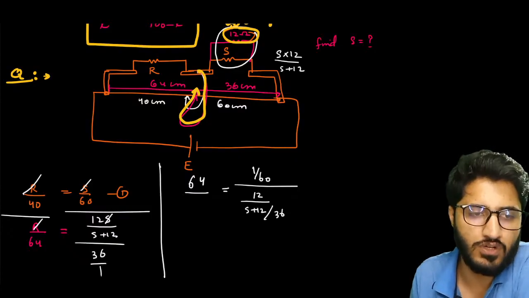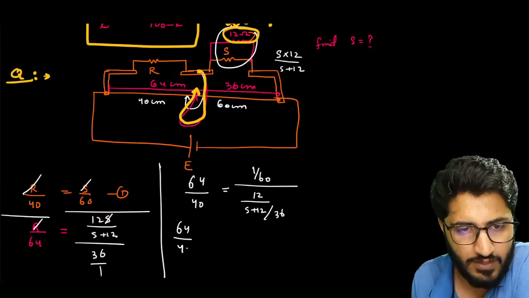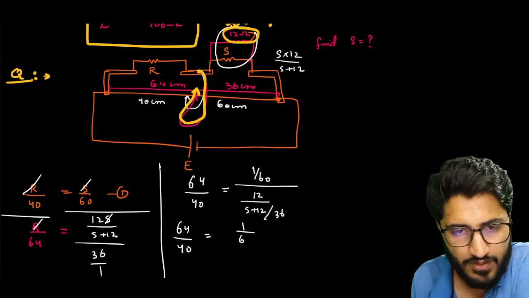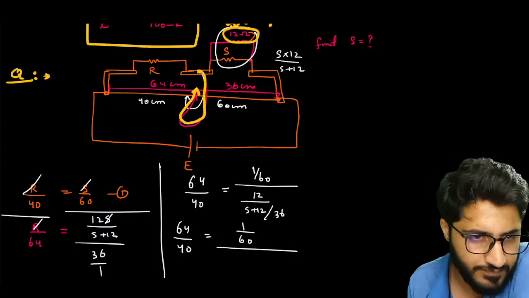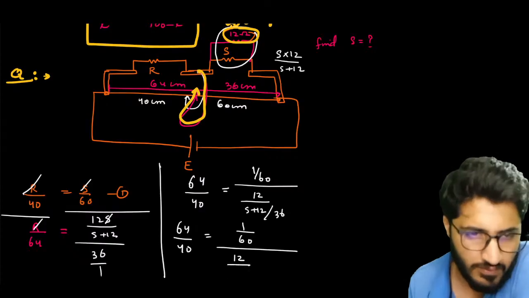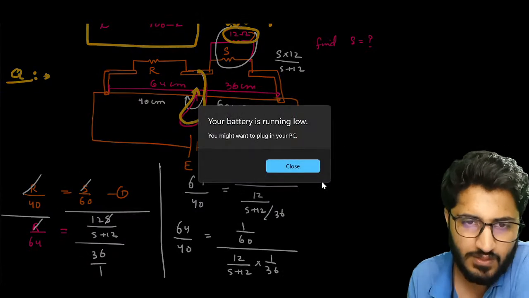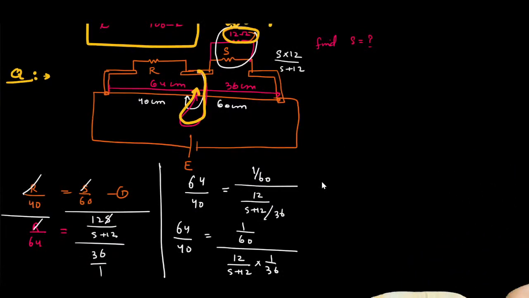This is 64. This one is 40, no? Okay. So it is 64 by 40. Okay. 1 by 60 whole divided by 12 divided by S plus 12 multiplied by 1 divided by 36. 1 second.